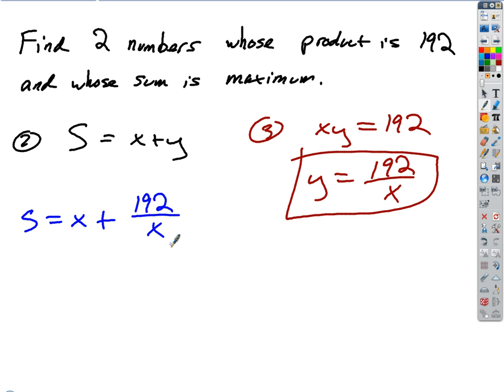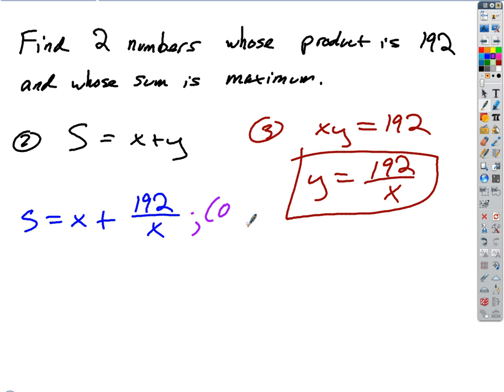Anything times 0 equals 0, so we couldn't get 192 for our product. Mathematically, what can I point to and say, red flag, x can't be 0? There's an x at the bottom here, and you can't divide by 0.